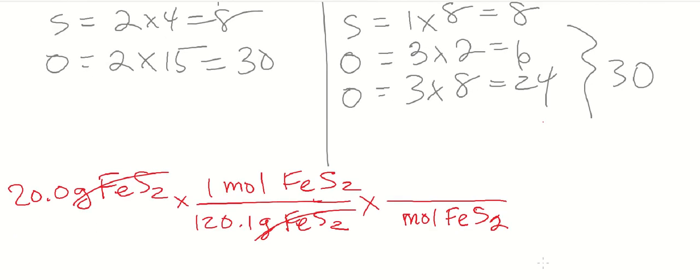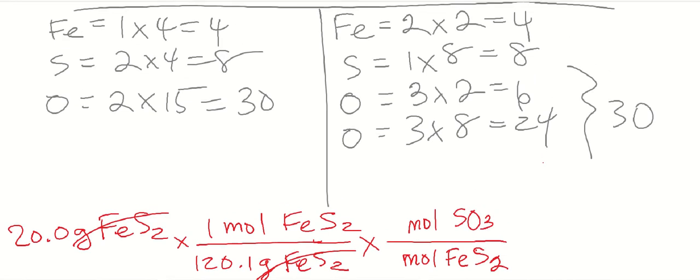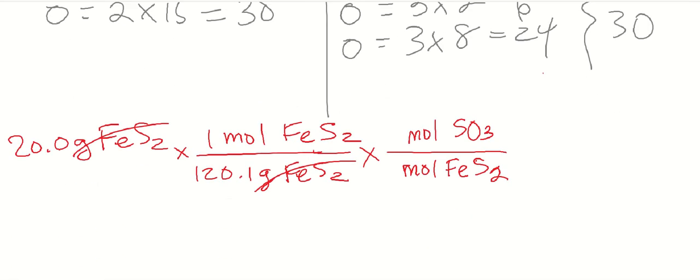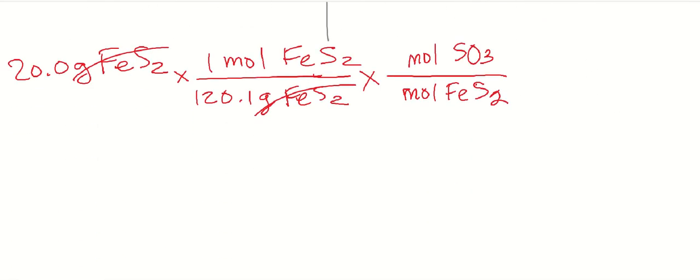So this is where that conversion happens. Let's check out the balanced equation, find the ratio between sulfur trioxide, which is right there, and iron disulfide is right there. So it's a 4:8 ratio. Those units are canceling out.